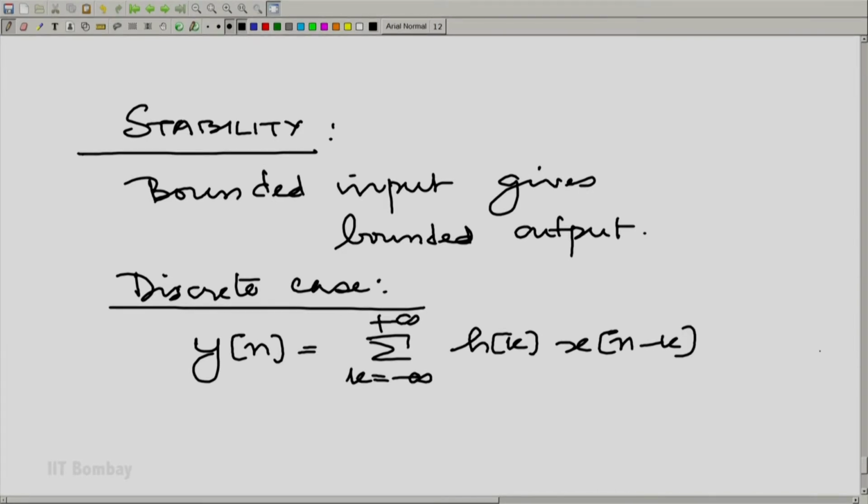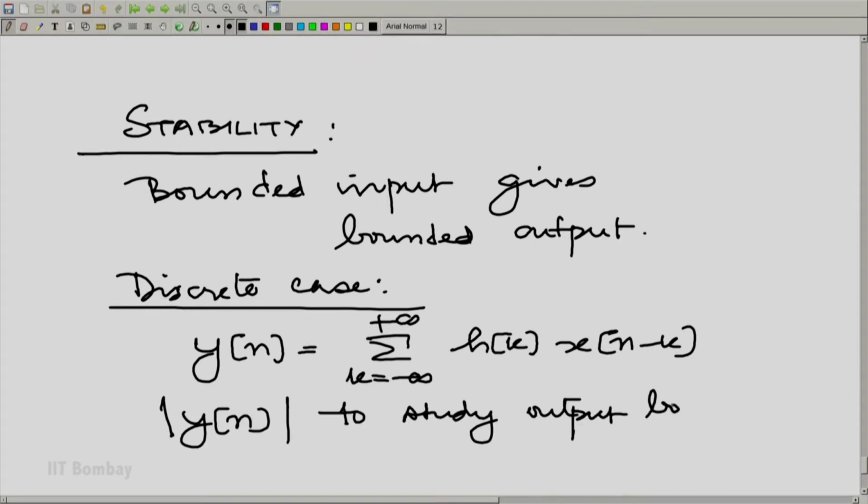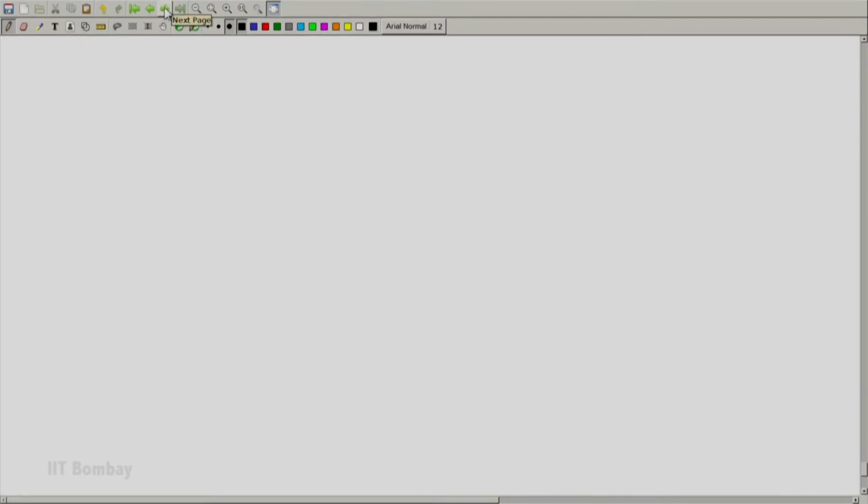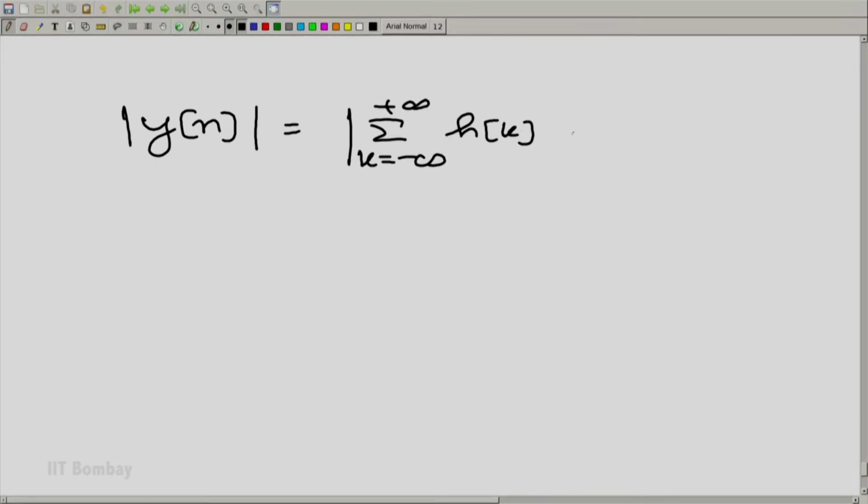This expression is easier, and I am ultimately interested in mod y[n] to study the bound of the output, and therefore I would need to look at mod y[n], which is summation k going from minus to plus infinity, h[k] x[n minus k], all with an absolute value taken.